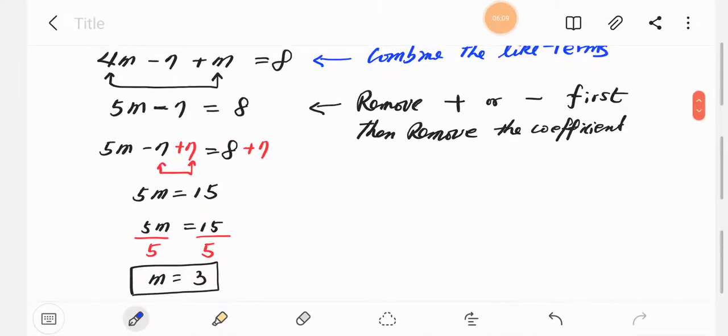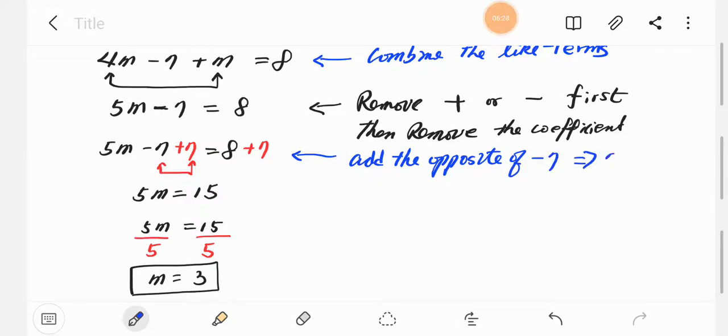And then from here, we add the opposite of negative 7, which is 7. And then from here, divide each side by the coefficient.